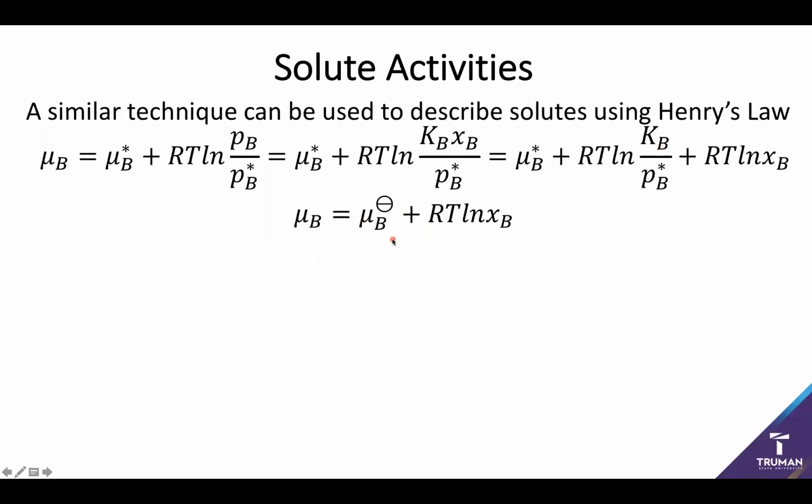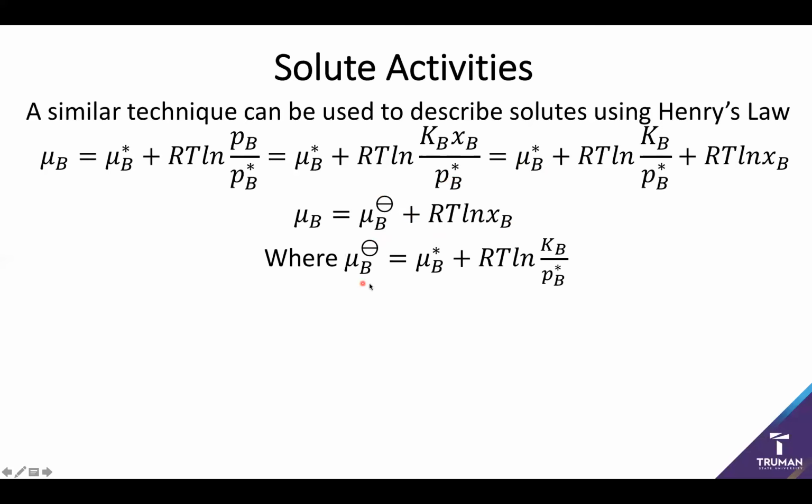You're never going to reach it because the equation will tend to break down before then, but it's an important reference point. And you'll notice it will often be significantly different from the chemical potential of B as it behaves as a solvent. And then again, we go ahead and correct the term with RT times the natural log of the mole fraction of B.